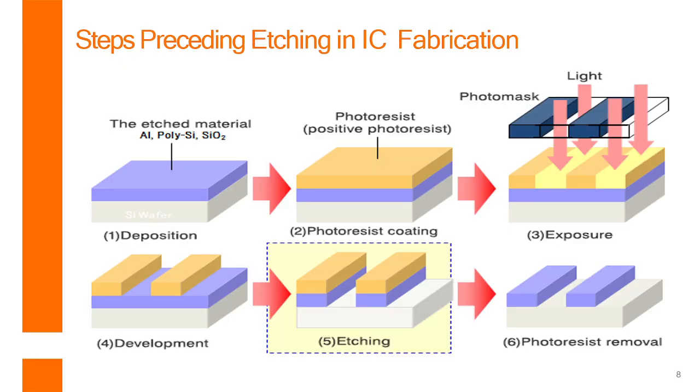So if you see the steps for etching in IC fabrication. First, this is the silicon wafer and this is the etching of material. The etched material may be aluminum or polysilicon or silicon dioxide.